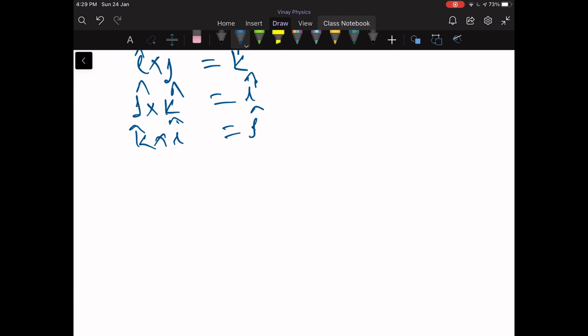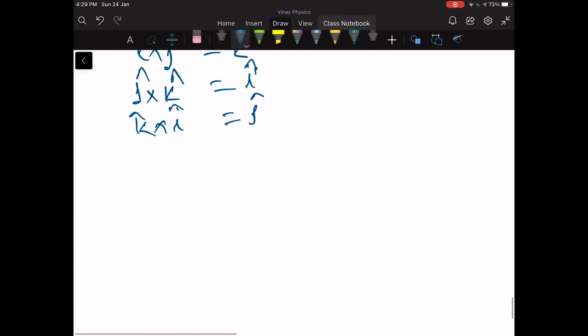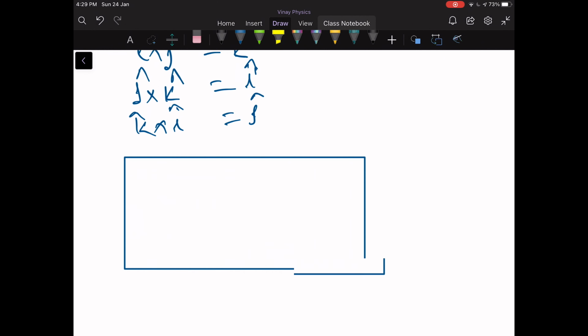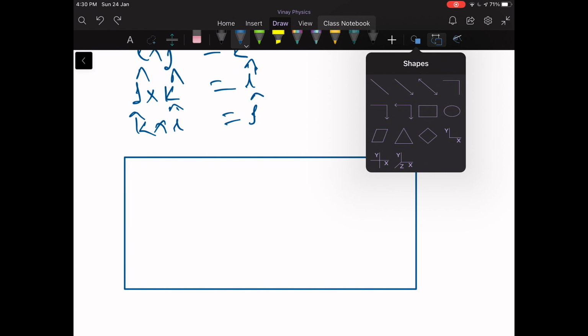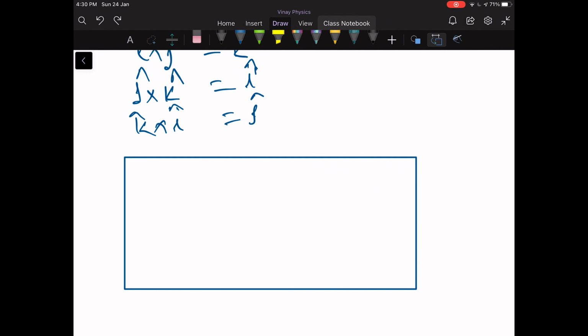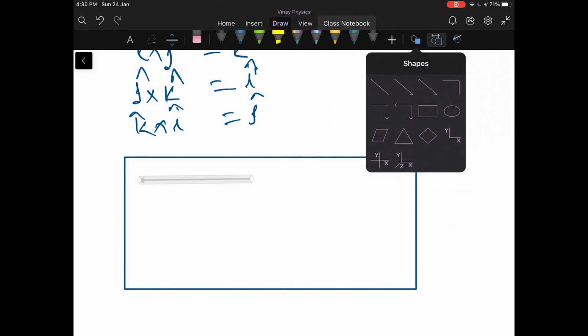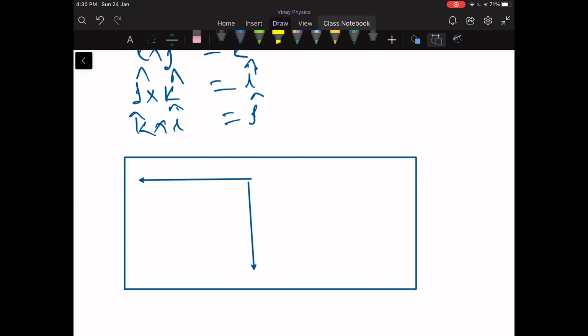Let us say we have a two-dimensional space, and this is our axis system. This is one vector which is A, and this is another vector which is B.